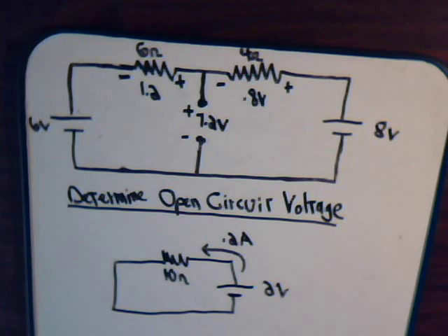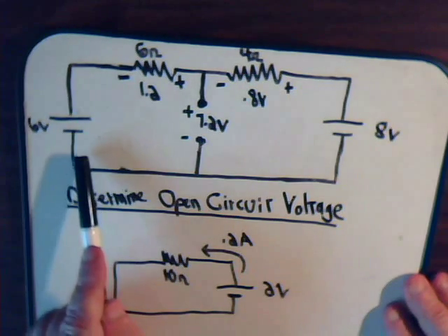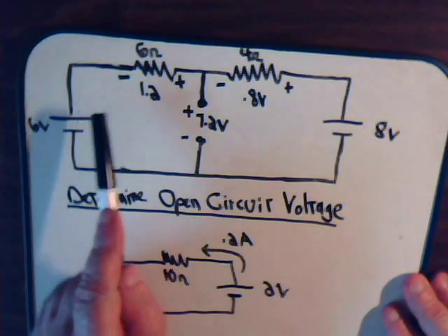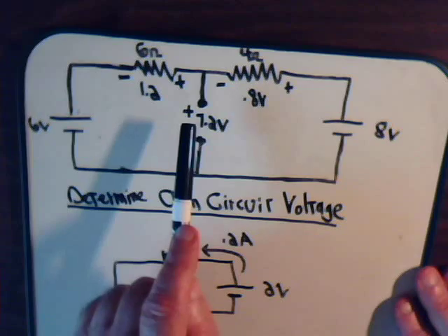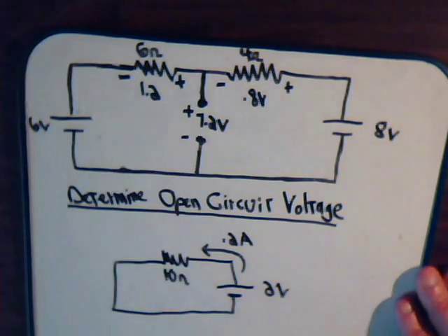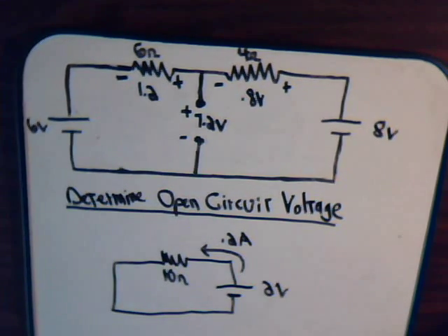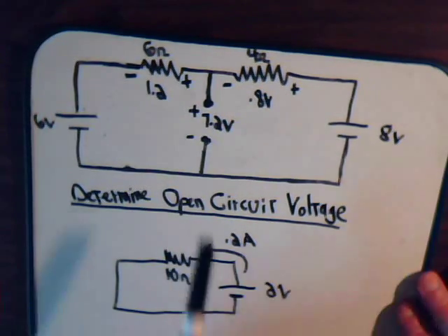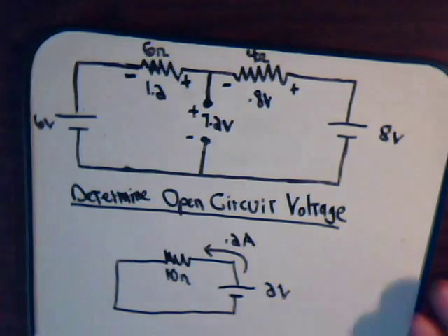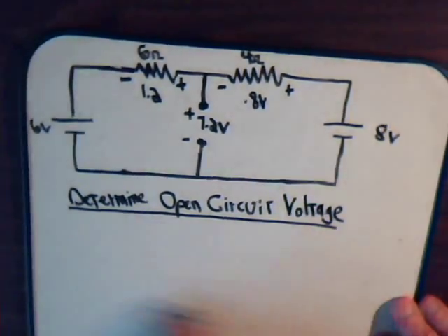Then we add them, it comes out to 0. So minus to plus, that's 6, minus to plus, that's 1.2, that's plus 7.2, plus to minus 7.2 sums out to 0. So the voltage drop across here is 7.2 volts with that polarity. So we know what the open circuit voltage is.